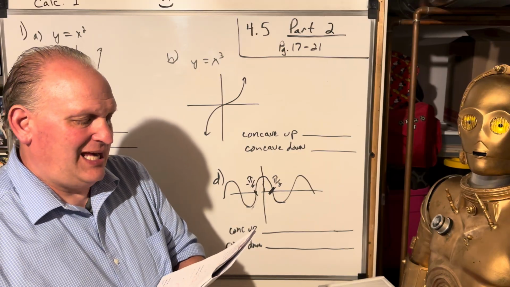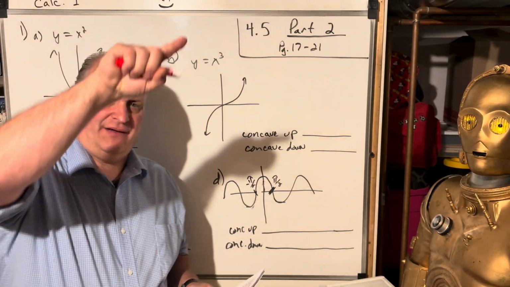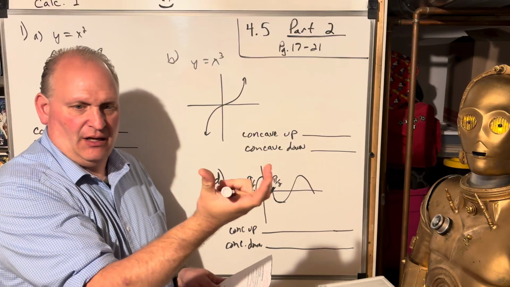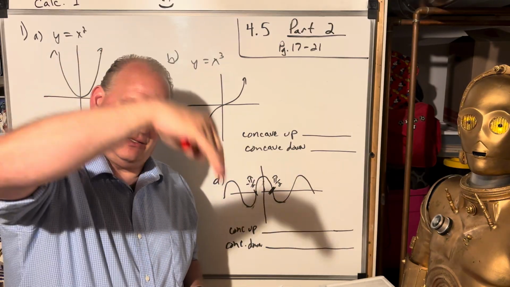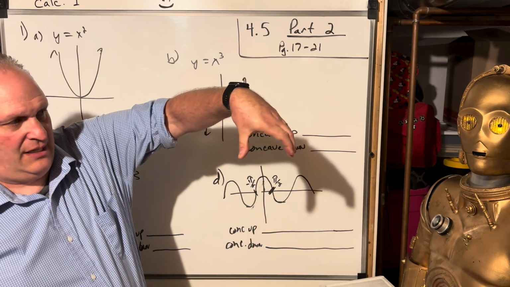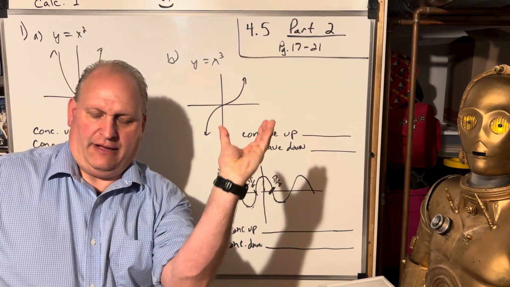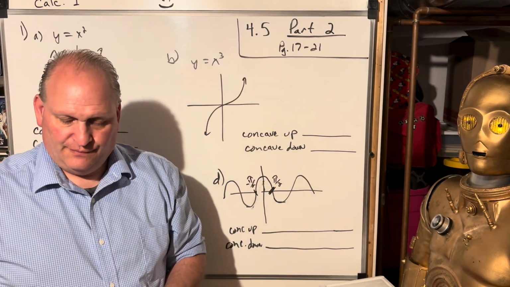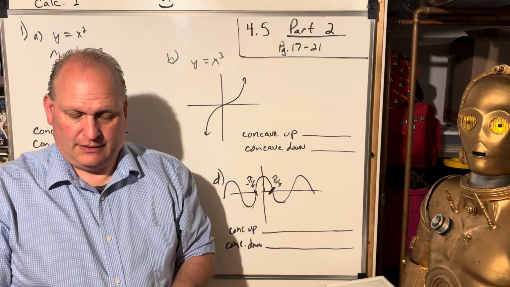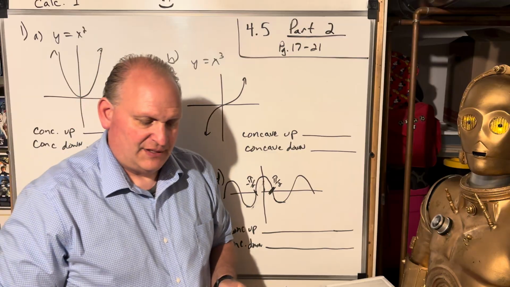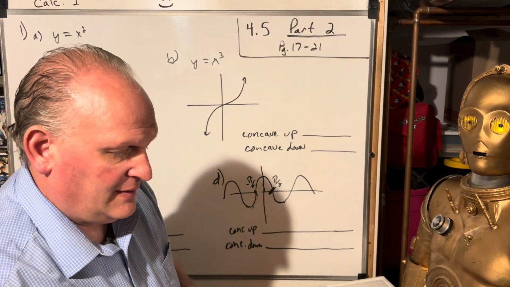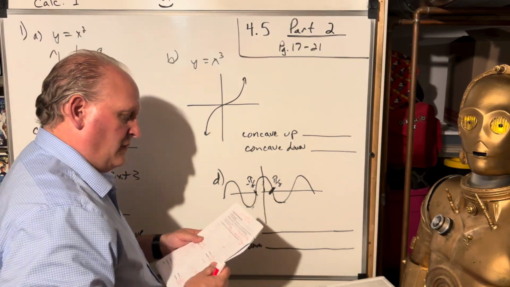Concave up means it kind of opens up like a cup, like it would hold water. Concave down means it's going down. So, opens up, f prime is increasing, f double prime is greater than 0.